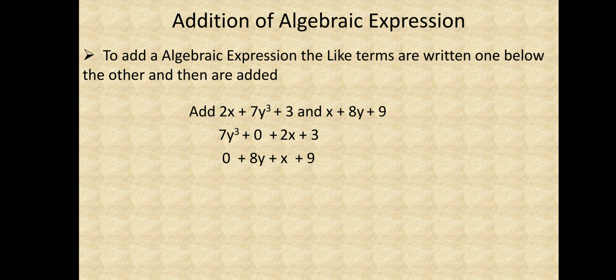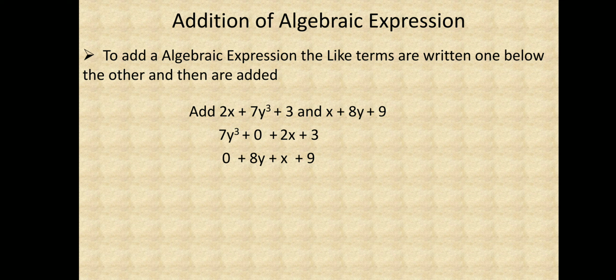As we knew what like terms are, you could see at the first, which is 7y cube, you don't have any other pair with the variable y cube. So it cannot be added with any other term. It could only be added with a term which consists of y cube.